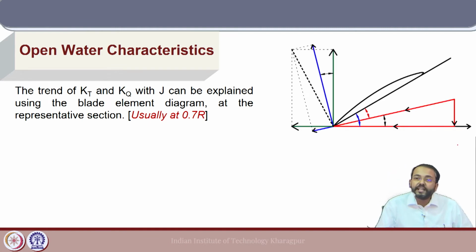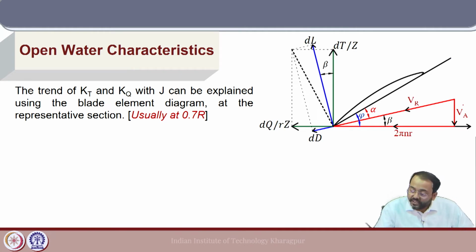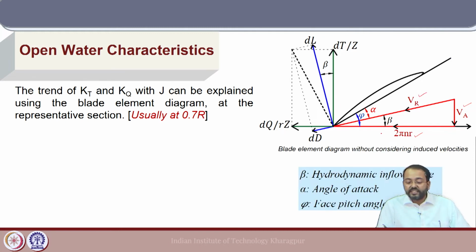Now, this is the blade element diagram at 0.7 r. We have the inflow velocity Va in the axial direction, the rotational component, the tangential value 2 pi nr, the resultant Vr, and the three angles that we have: the hydrodynamic inflow angle beta, the pitch angle phi, and alpha, which is the angle of attack, nothing but phi minus beta.